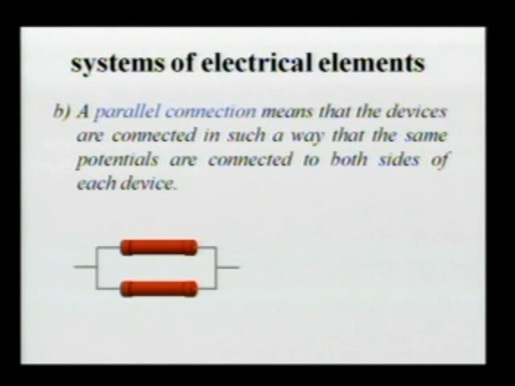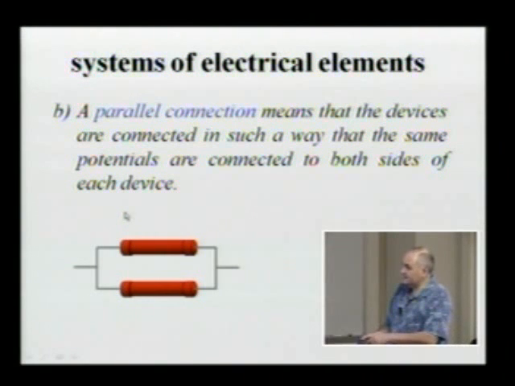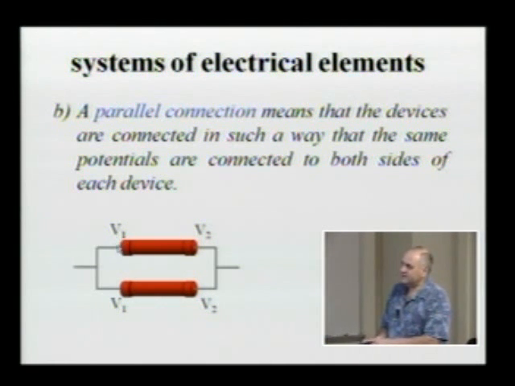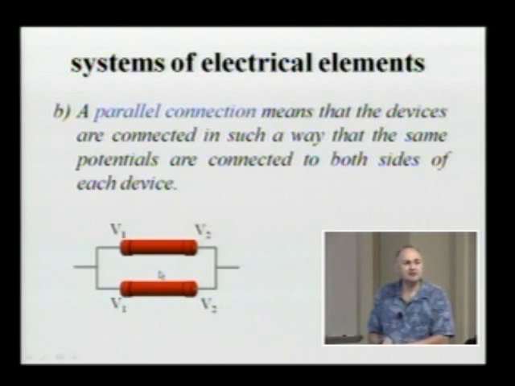So if elements are connected in parallel, let's say I take this element, the potential on the left-hand side of this element is equal to the potential on the left-hand side of the second element, and the potential on the right-hand side of the first element is equal to the potential on the right-hand side of the second element, which means that these two elements are connected in parallel.